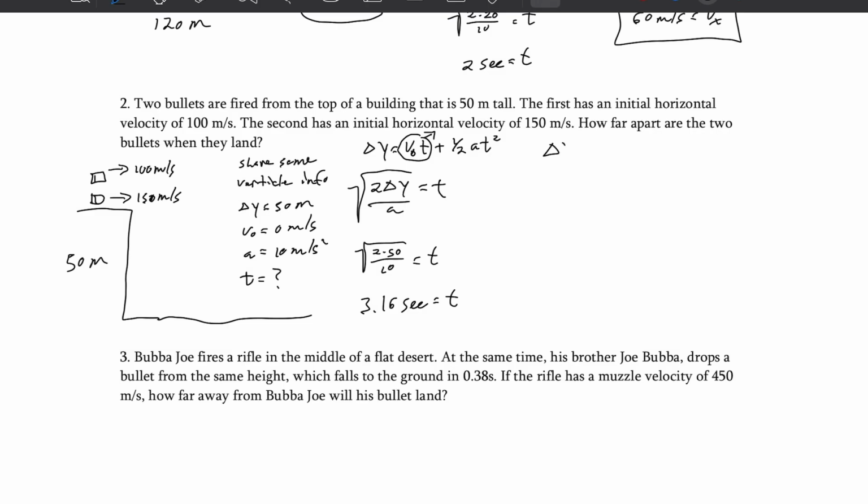Each bullet's going to be in the air for 3.16 seconds. One is moving at 100 meters per second, another at 150 meters per second, so we're going to use our delta x, our range, is equal to velocity times time for each one separately, and then subtract them. So we have 150 times 3.16, and then the other bullet, we've got 100 times 3.16.